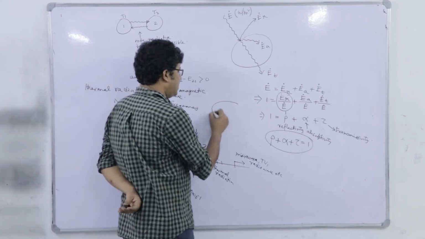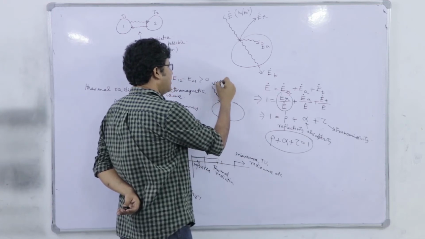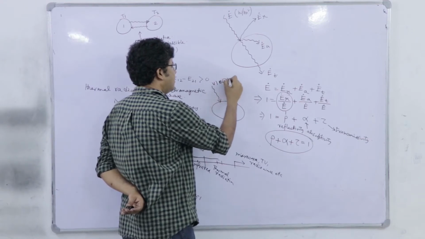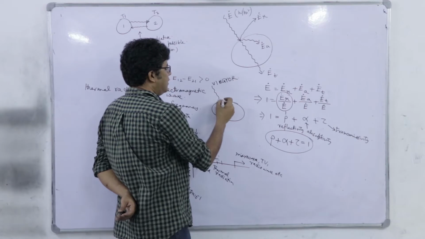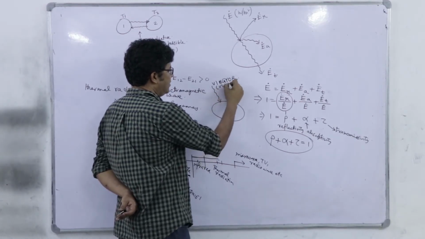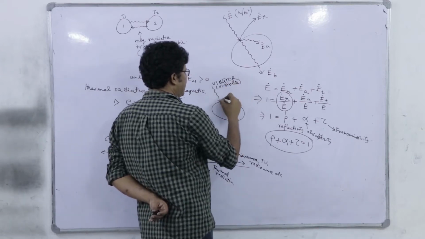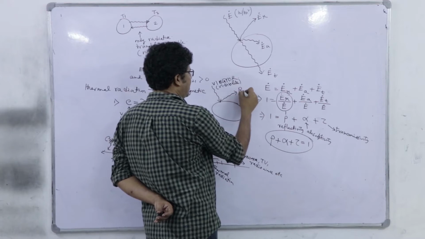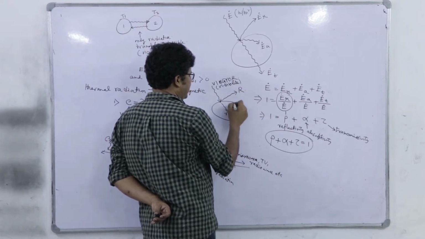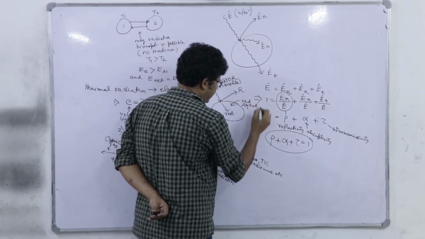So, if VIBGYOR, that is the visible spectra, is incident, reflecting only red, rest is absorbed, this will appear as a red object, right.